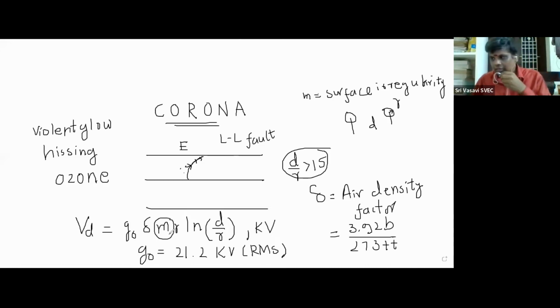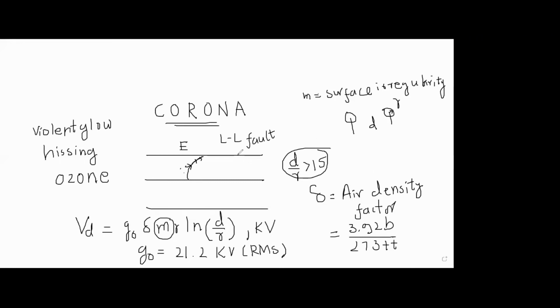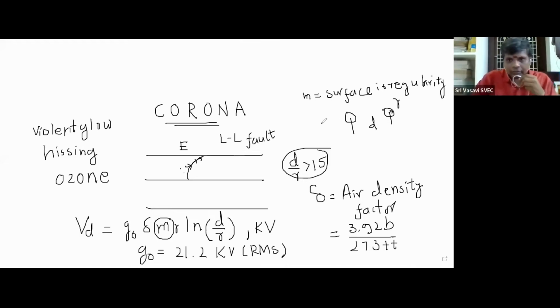For normal conductors, it is one value, and for bundle conductors, it is some other value. Okay, so this is the disruptive critical voltage. That means the voltage at which the corona is initiating is called the disruptive critical voltage.